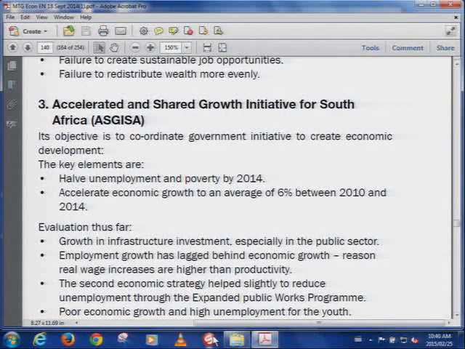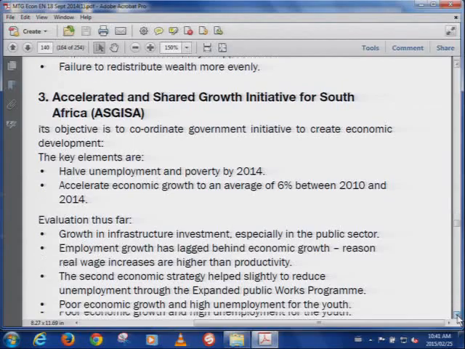The second one was to accelerate economic growth to an average of about 6%. We have not yet achieved that. It's still a pipe dream for the country between the years 2010 and 2014. Hopefully, one of the years, I don't know when, we will achieve that 6%.